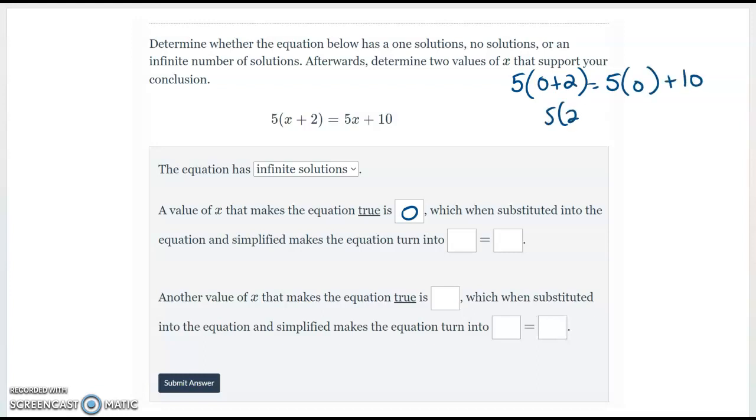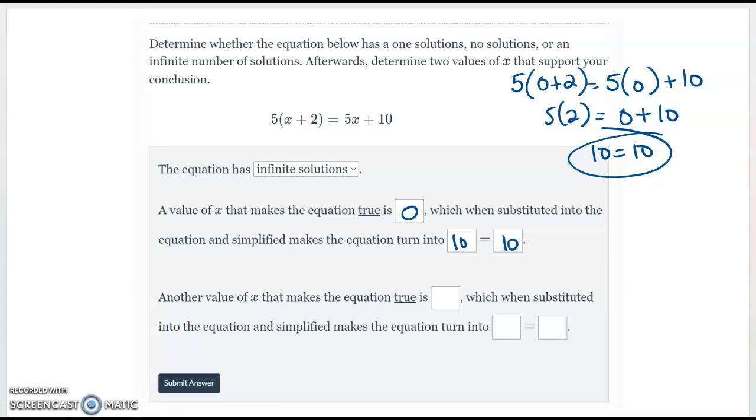This becomes 5 times 2. This becomes 0 plus 10, not 5 plus 10. Sorry about that. And it does indeed balance. You end up at the end with 10 equals 10.